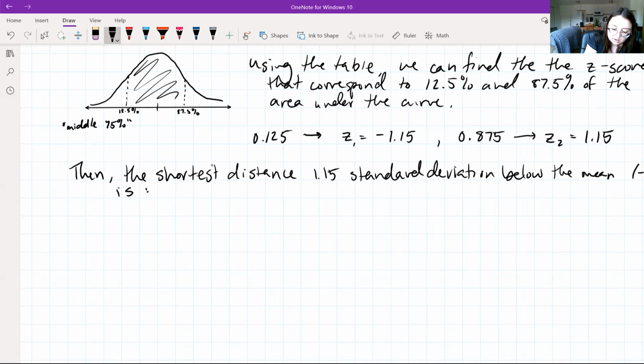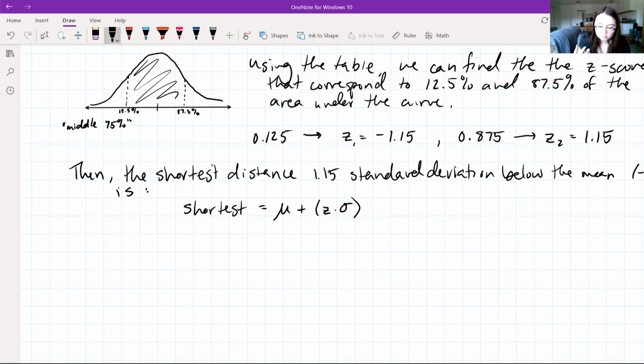The shortest is equal to mu plus z times sigma.